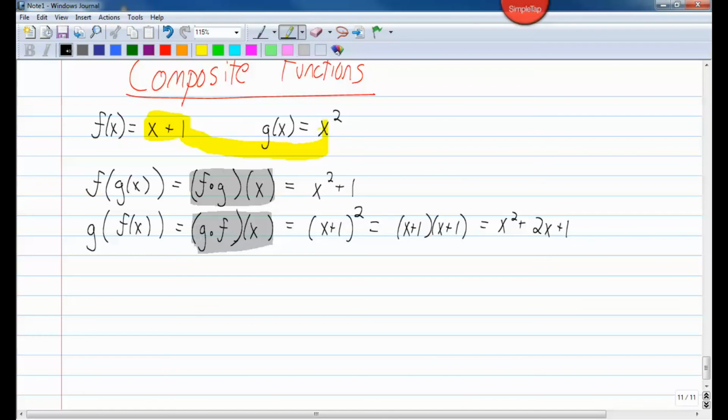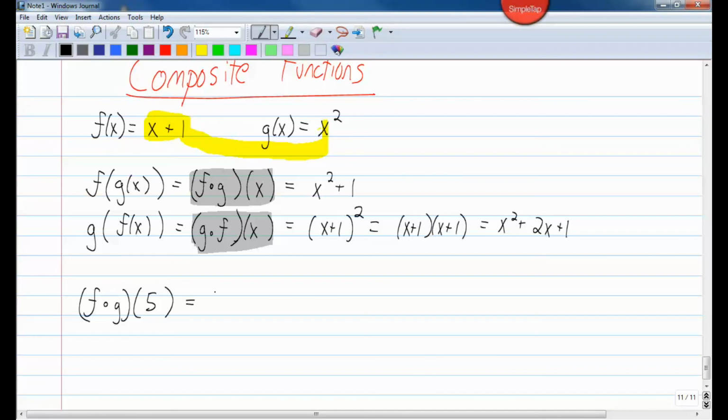Now, if my problem, instead of just having f of g of x or g of f of x for those two functions, had f of g of 5, what that means is find f of g of x and then plug in a 5 for every x.